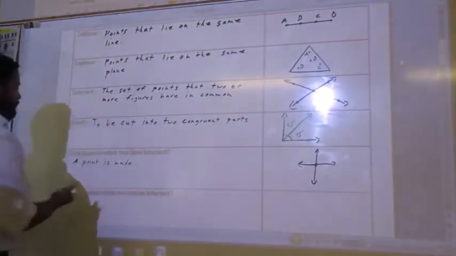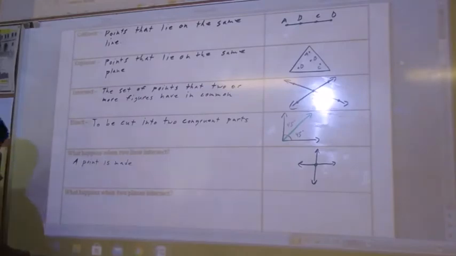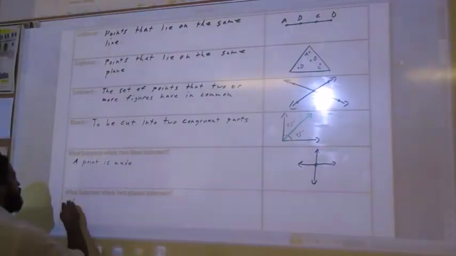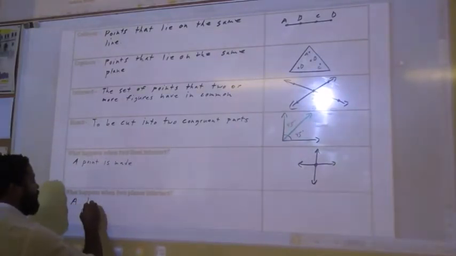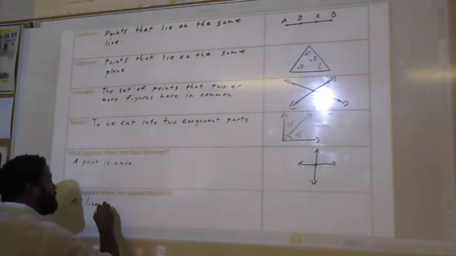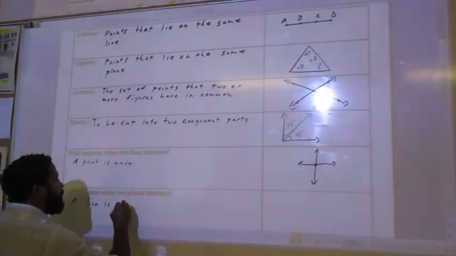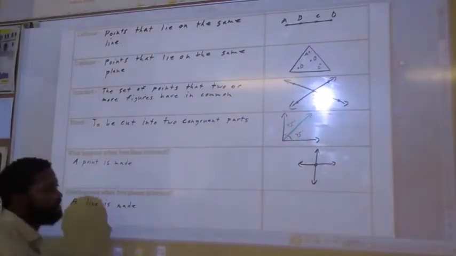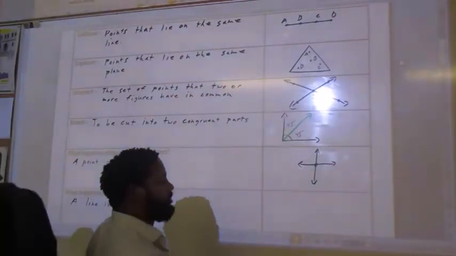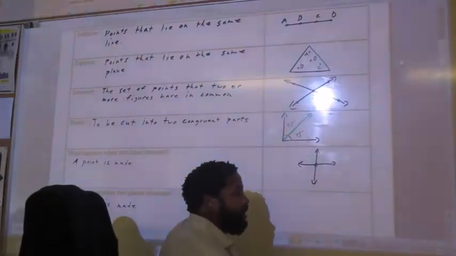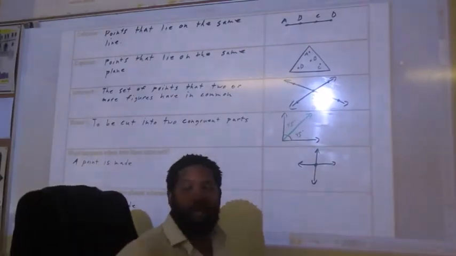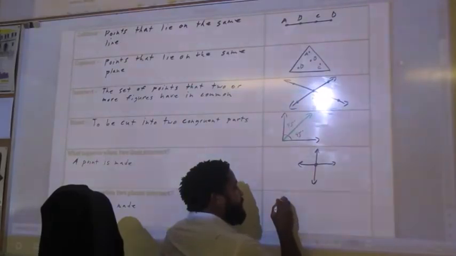So, two planes, what happens when two planes intersect? A line is made. How would you draw that? The line? Okay? Easiest way for me to state this is if I were to do this right here.